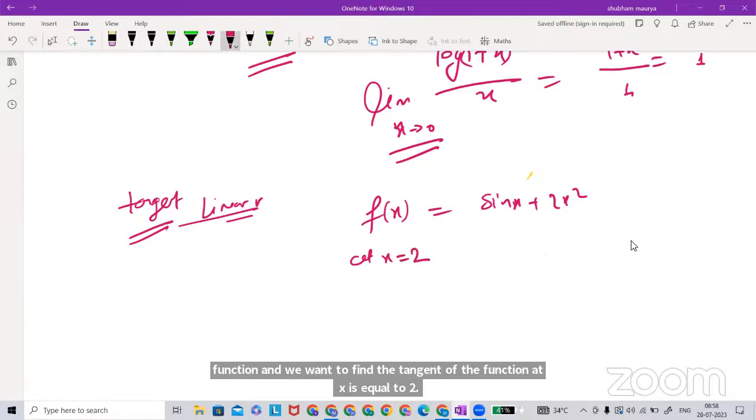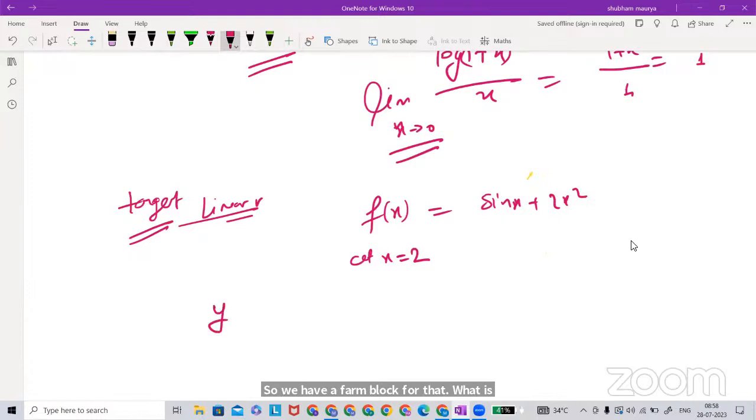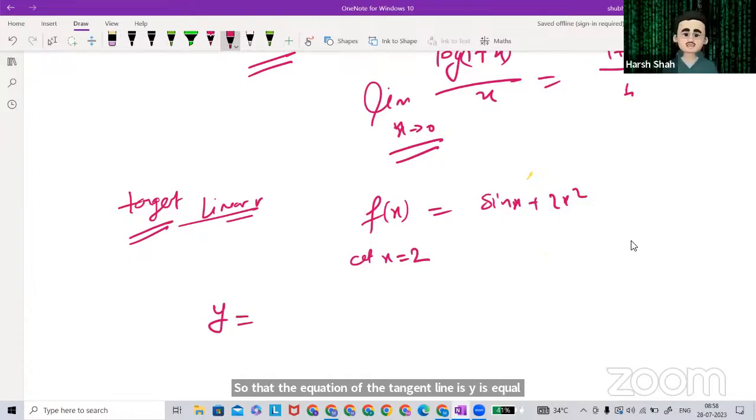We have a formula for that. Tangent means we are trying to find the equation of the tangent line. So the equation of the tangent line is y equals, can anyone give that formula? f dash x.